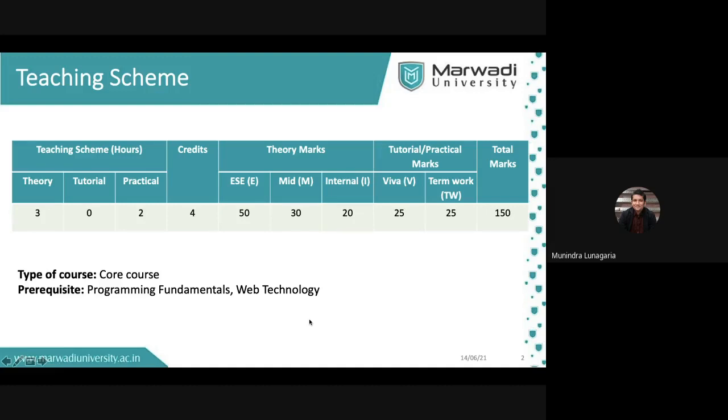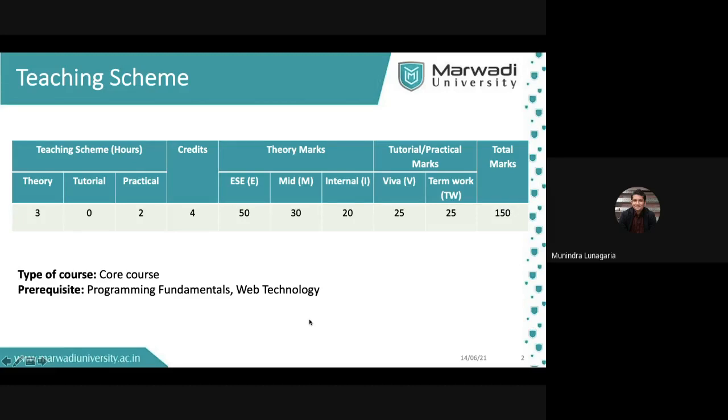After that, mid semester. Usually we have 2 mid semester exams, but it is not yet decided whether it will be the best of 2 or the average of 2. That will be announced by the controller of examinations. But we have 30 marks for the mid semester examination.